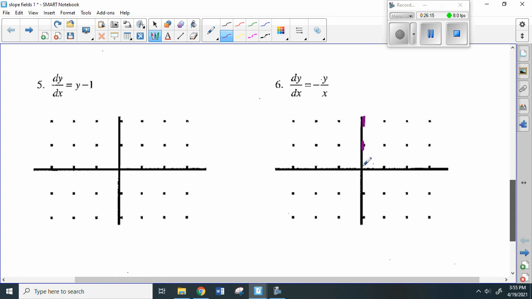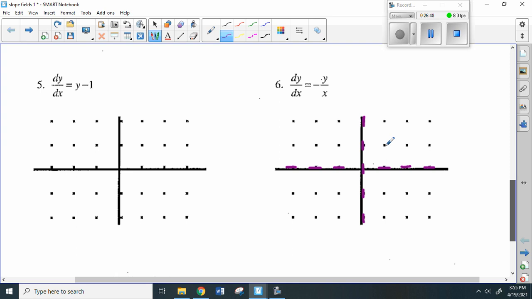I'm drawing them just slightly off to the side here, just so you can see them. Notice that the origin gives me an undefined slope, whereas when y equals 0 other than the origin, I can get horizontal. But that origin is going to have to stay undefined. Every single other point is going to be slightly different depending on where you are.